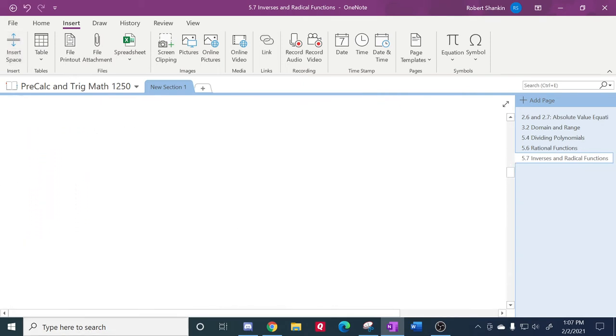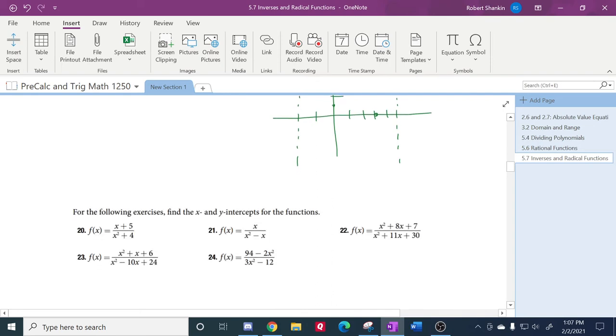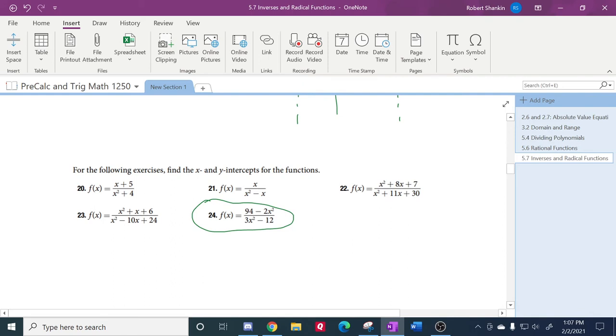And who is it that's asking for this? What's your name? I'm sorry, this is Brianna. Brianna, okay, thanks. All right, for the x-intercept, we'll set y equal to 0.